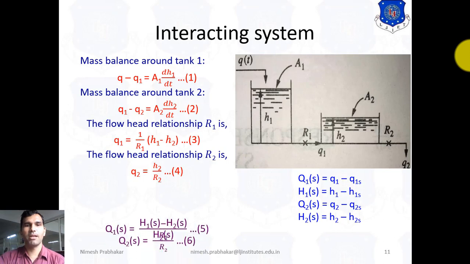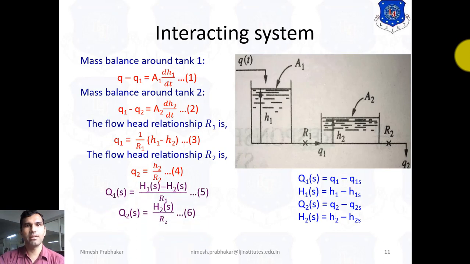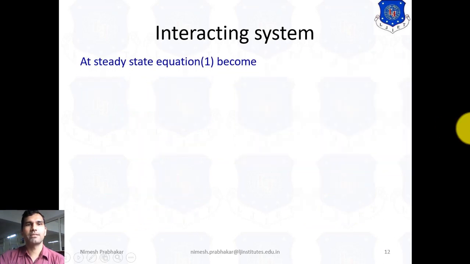Now we define the deviation variables and take the Laplace transform. We can write Q1(s) is equal to H1(s) minus H2(s) upon R1, and Q2(s) is equal to H2(s) upon R2. So we get these two equations. At steady state, equation 1 becomes Qs minus Q1s is equal to 0, same as the non-interacting system.